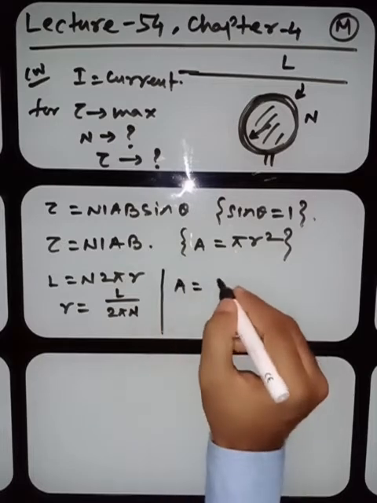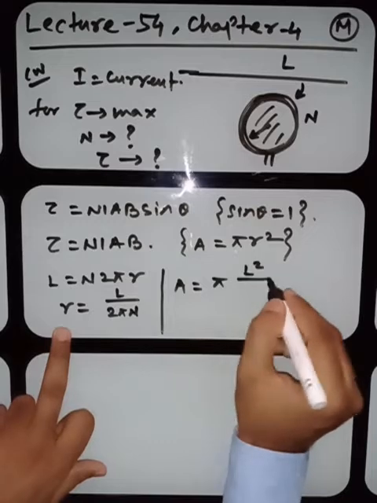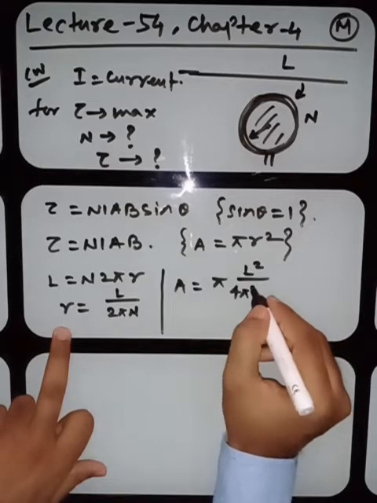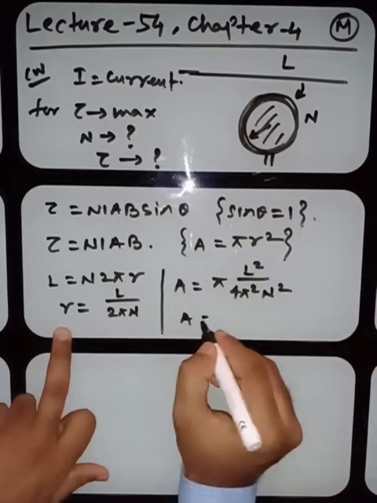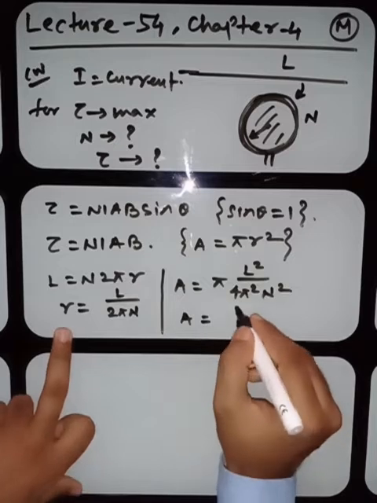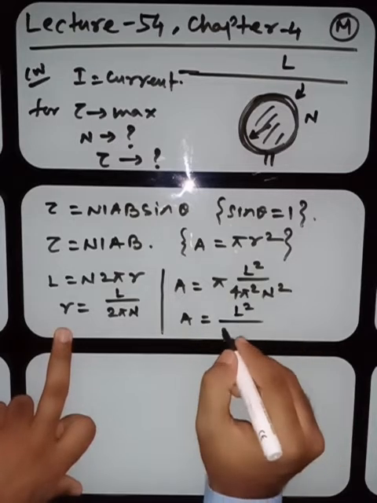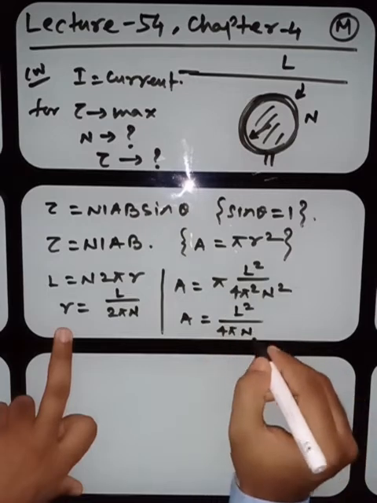The area is pi r square, which means L square divided by 4 pi square N square. So A will be L square divided by 4 pi N square, as one pi cancels out.